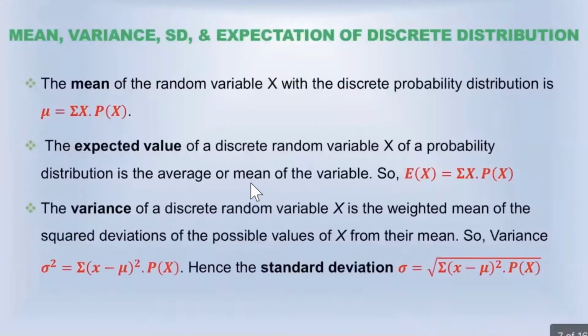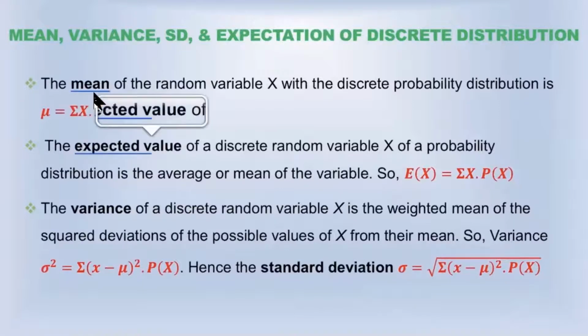When we say mean, there are two things that look very similar here: the mean and the expected value. The mean and the expected value of a probability distribution are both the average values. For the mean we write mu, or for expected value we write E of x. The formula is the same.